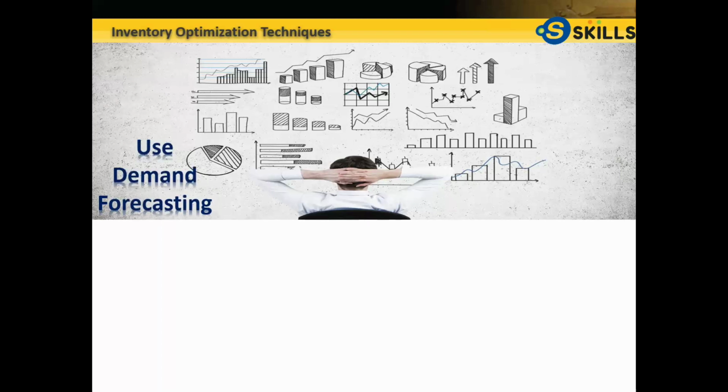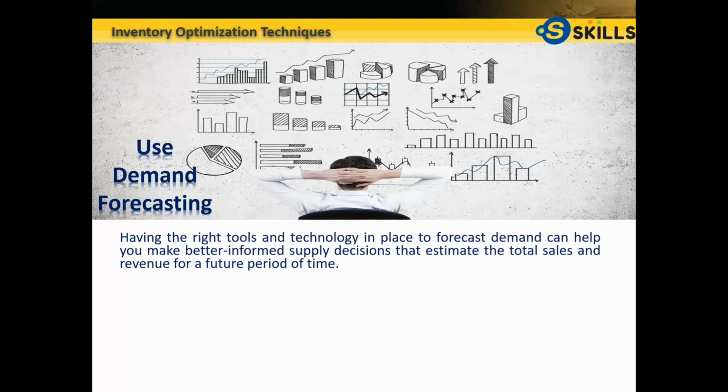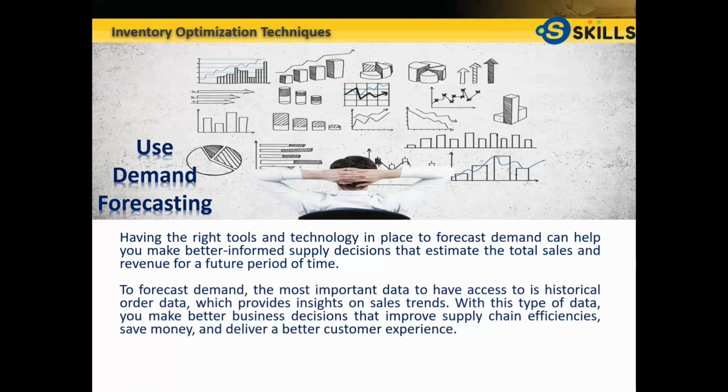Inventory optimization techniques. Use demand forecasting. Having the right tools and technology in place to forecast demand can help you make better informed supply decisions that estimate the total sales and revenue for a future period of time. To forecast demand, the most important data to have access to is historical order data, which provides insights on sales trends.